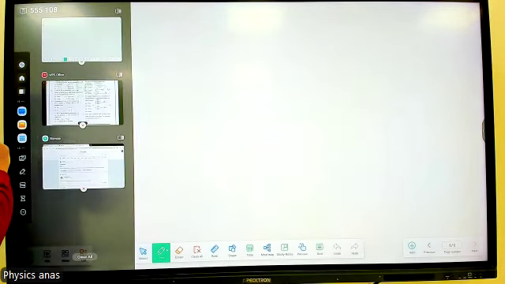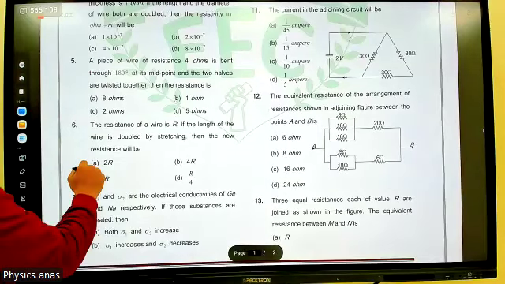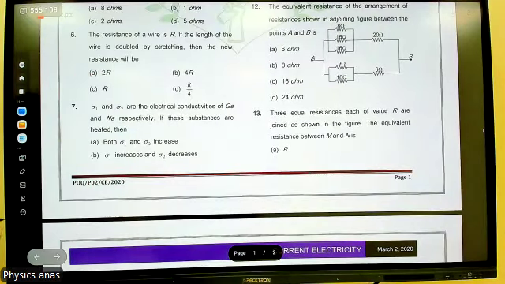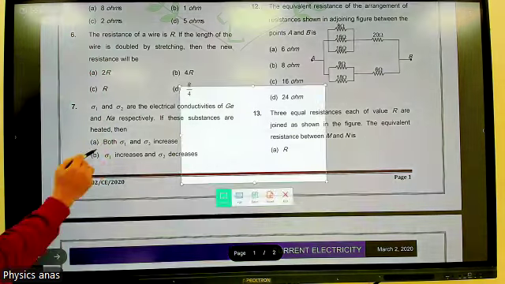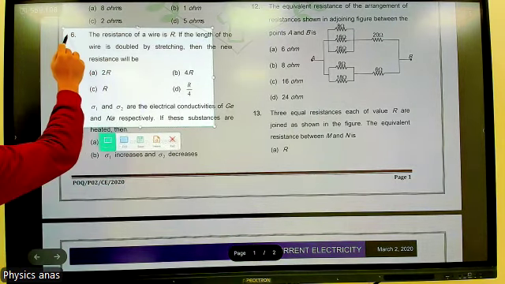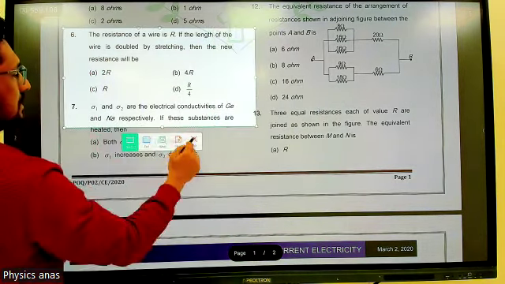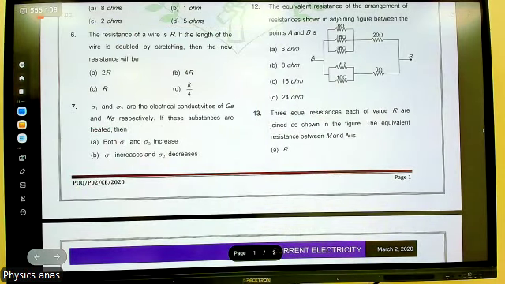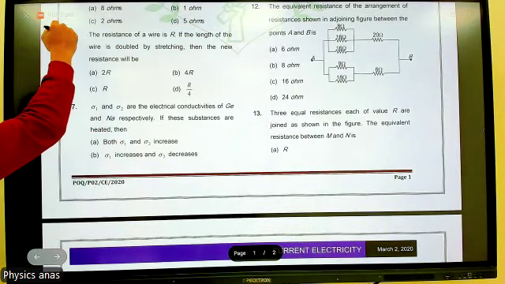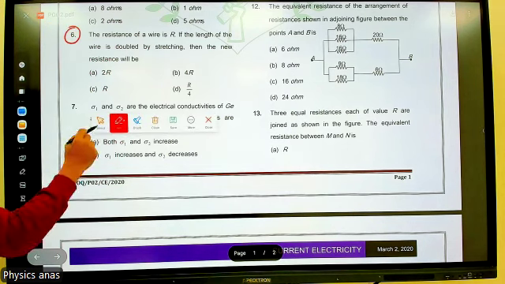Now, that was the fifth question, right? Now look at the sixth one. Read it.